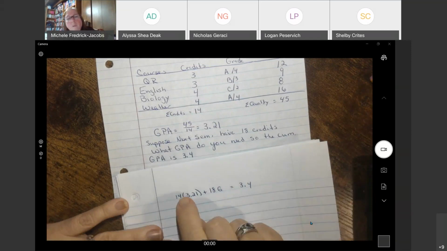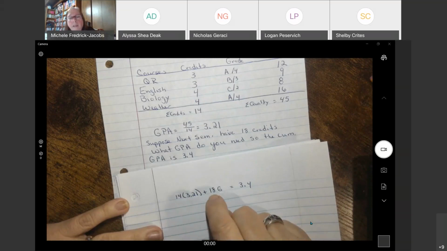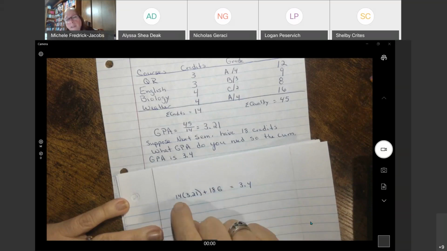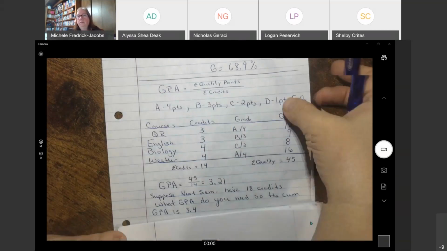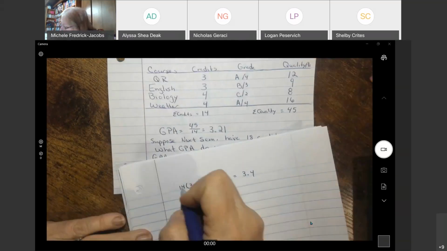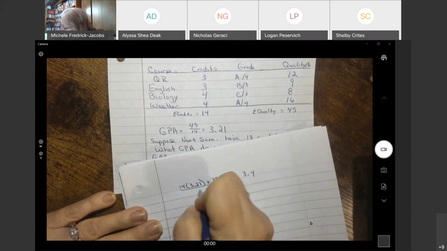Now this would be our quality point, 14 credits, 3.21, and then 18 credits, and we're looking for this. Now remember, when you're finding it, then you also divide by the total credits. And our credits are 14 plus 18.